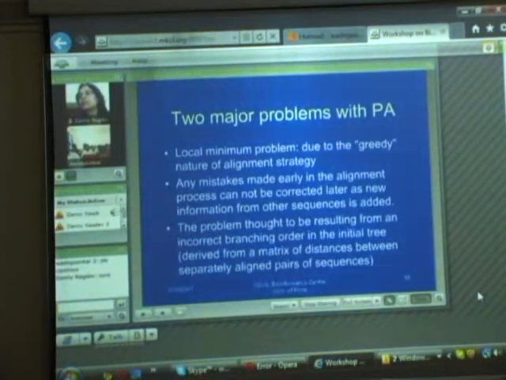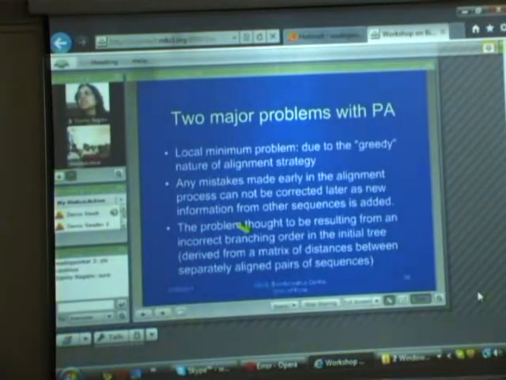Now, one of the major problems with progressive alignment is the local minimum problem. It is a greedy algorithm, meaning that, as we have already seen, it tries to align the most similar sequences first. So, whatever errors you introduce in the initial part of the multiple sequence alignment, those mistakes get carried through to the end.